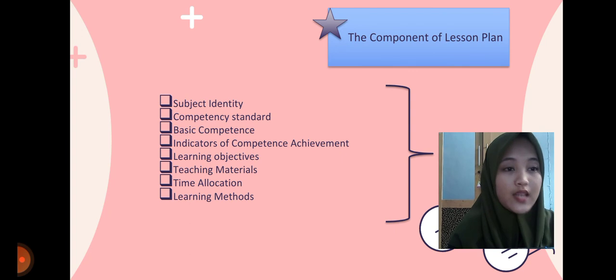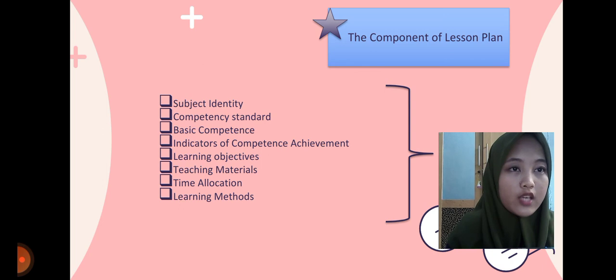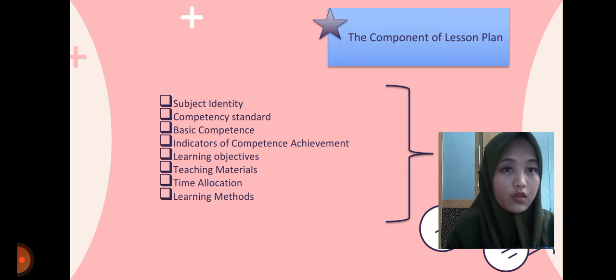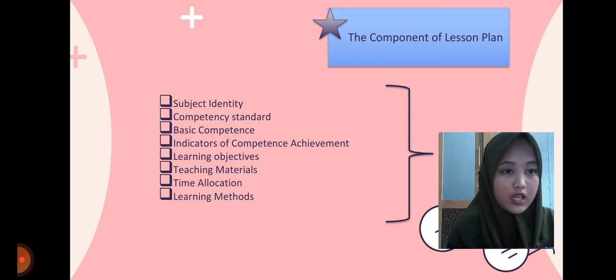And then time allocation, determined according to the need to achieve a basic competence of learning load. And then the last, learning methods, used by teachers to create a learning atmosphere and learning process so that students achieve basic competencies or a set of predetermined indicators. Next slide.